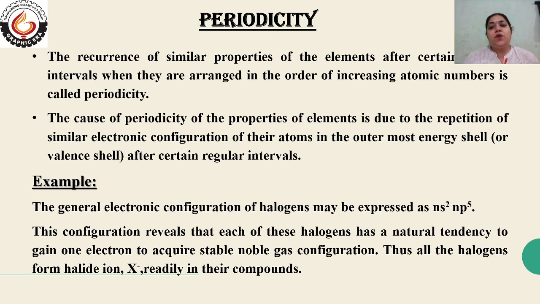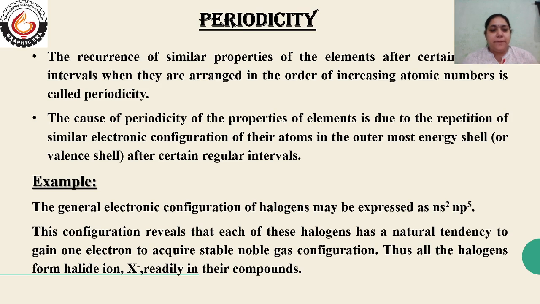This happens because of the repetition of similar electronic configuration, not completely similar, but the electronic configuration of the last shell. Most of the properties depend on the configuration of the last shell, and in the periodic table the electronic configuration is repeated after a certain interval, and that's why the properties are also repeated after a certain interval.